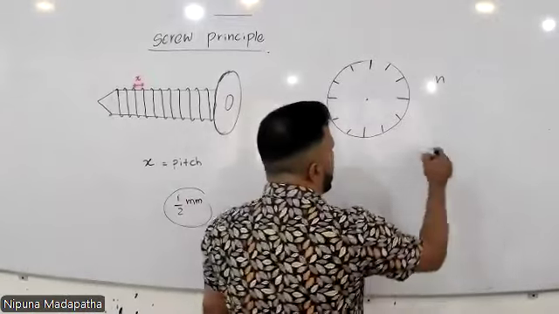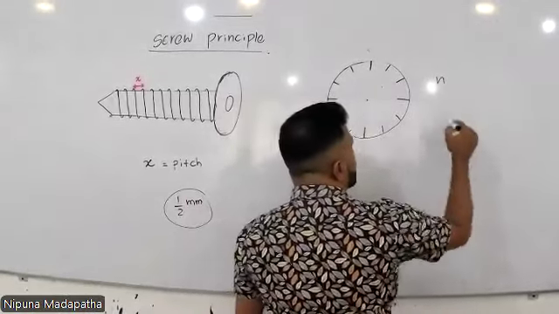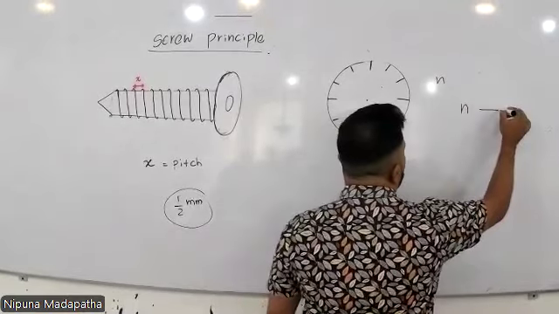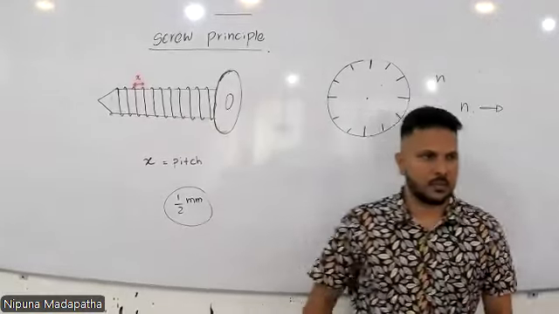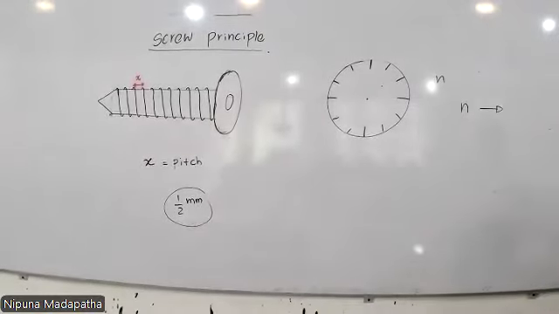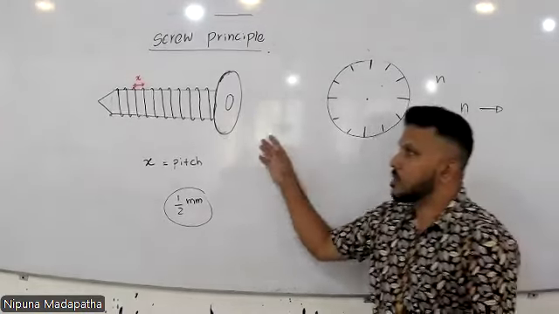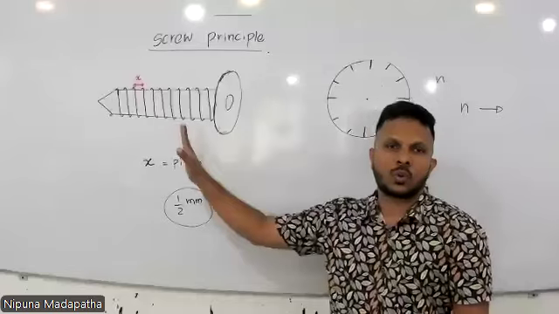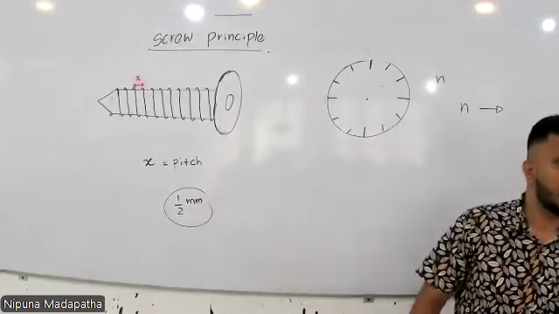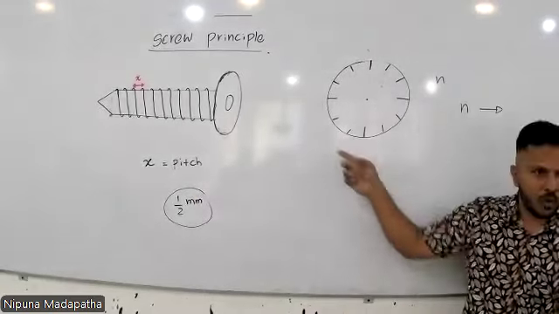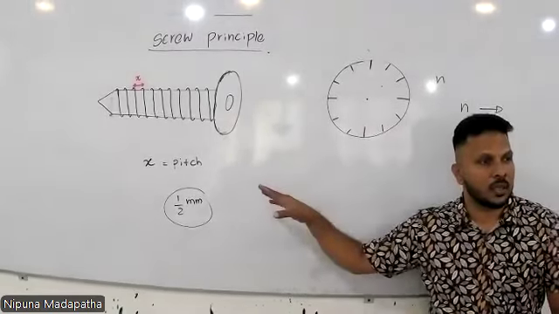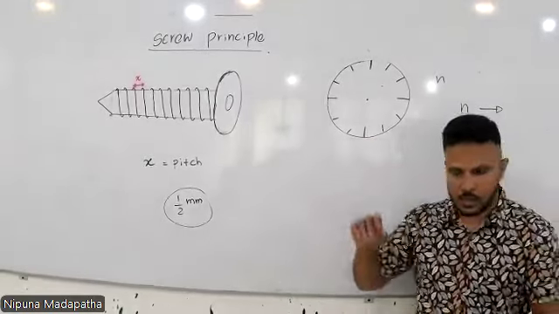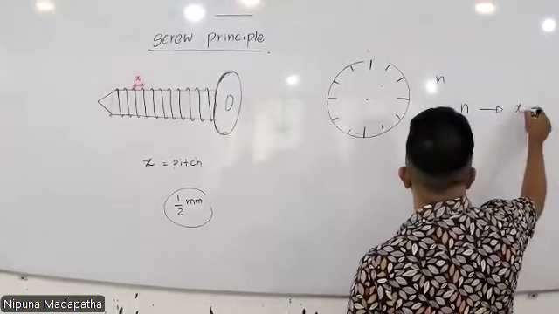When you rotate this thimble, or head of the screw, through n divisions, what is the distance the screw advances? n divisions means one full rotation, and one full rotation gives a distance equal to the pitch of the screw, x.